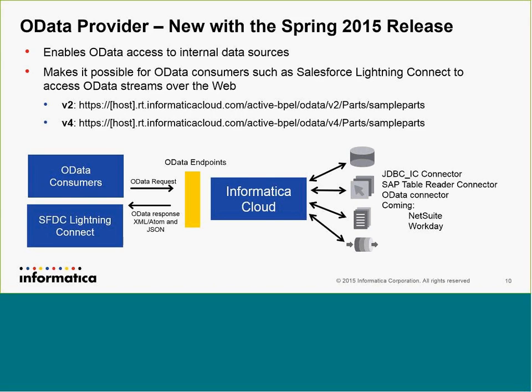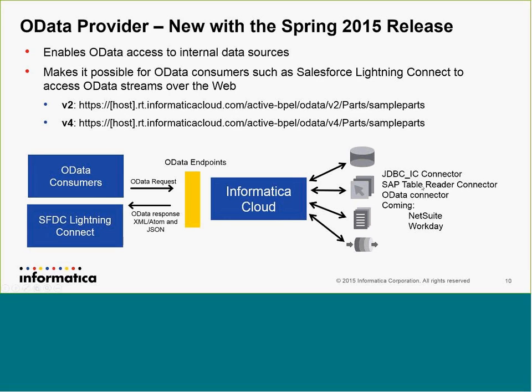So what are we announcing with the Spring 2015 release, which is being released this weekend? Well, amongst many other capabilities which are described in the What's New guide, is the ability to access OData from the web. So we make it possible, through Informatica Cloud, to provide OData consumers access to data that's served within the enterprise or within the cloud.